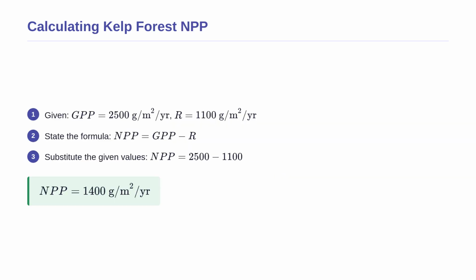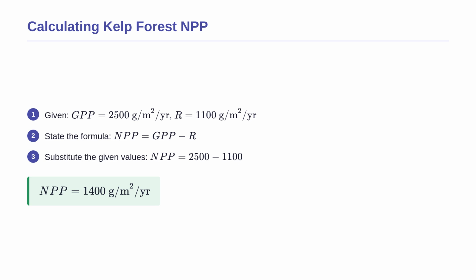Before we move on, let us see this formula in action with a concrete example. A marine biologist measures that a giant kelp forest captures a total of 2,500 grams of carbon per square meter through photosynthesis. This is our GPP. The kelp also expends 1,100 grams for its own cellular functions, which is our R. We are asked to find the net primary productivity.